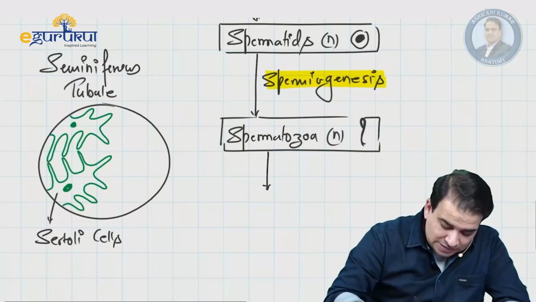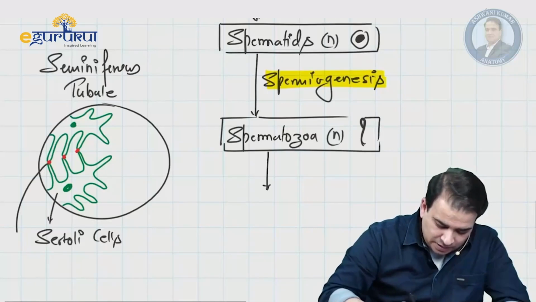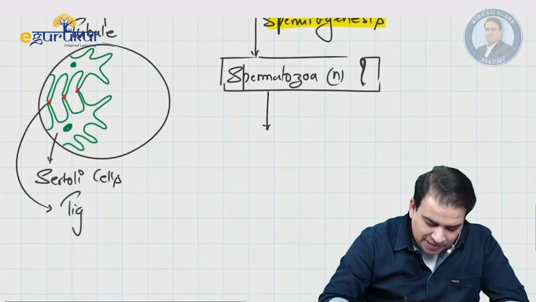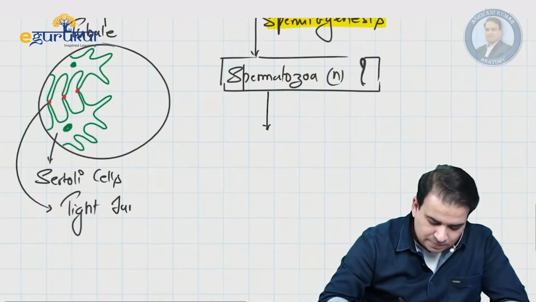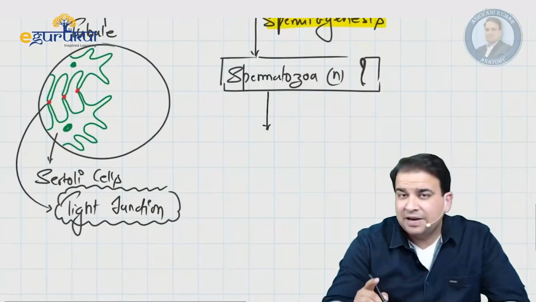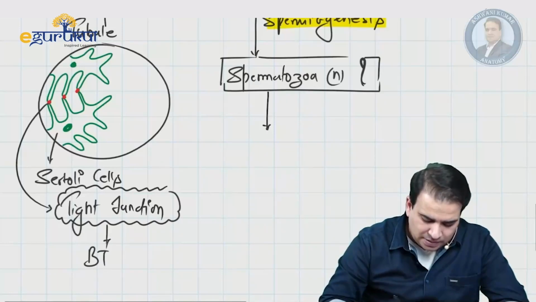And these appendages of Sertoli cells are connected to each other by the junctional complex, and the tight junction that you see between the Sertoli cells is actually the blood-testis barrier.